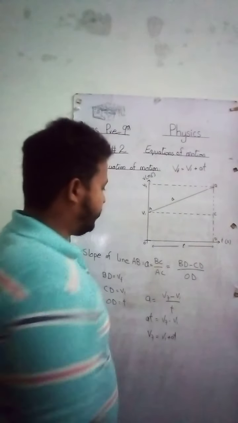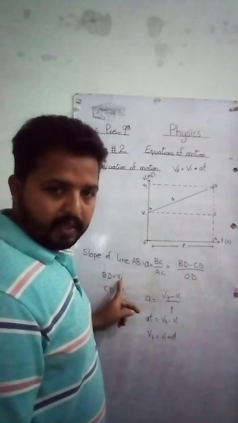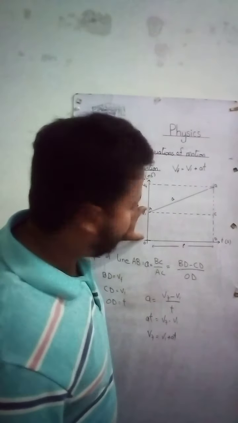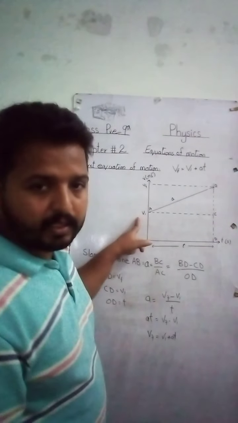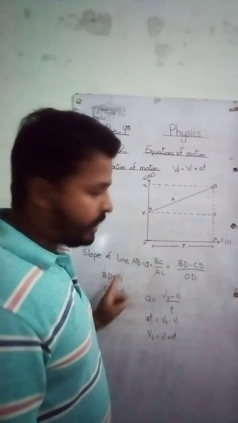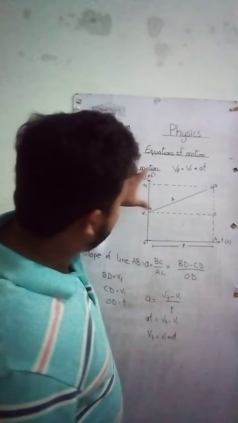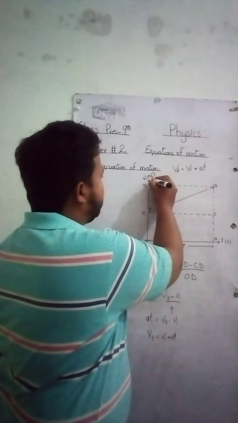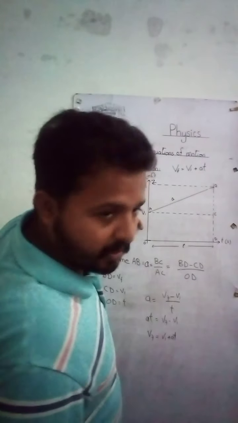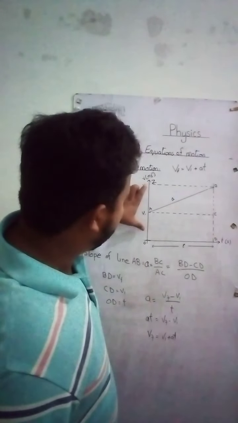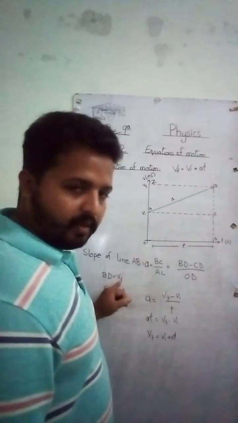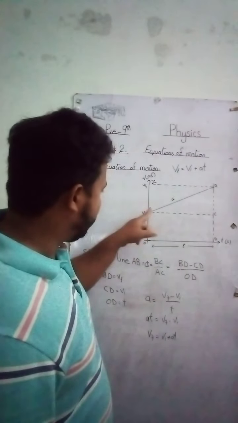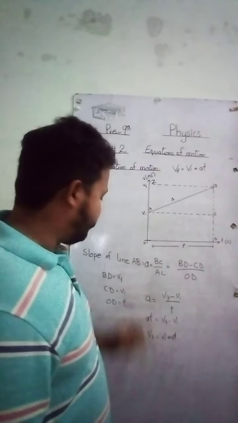This BD, which is equal to OZ, shows final velocity Vf, and CD is equal to OA, and OA means initial velocity Vi.